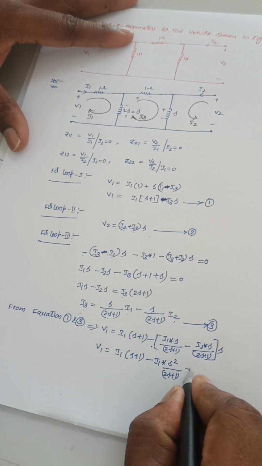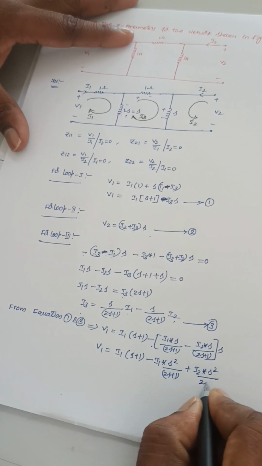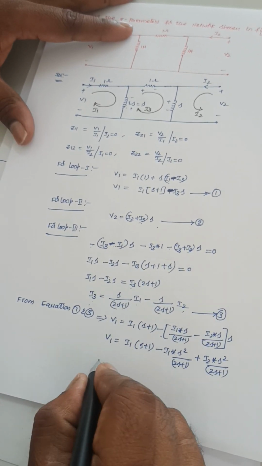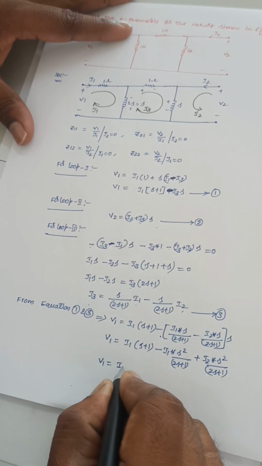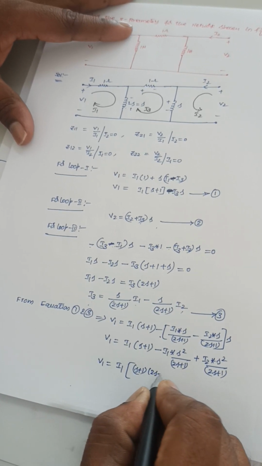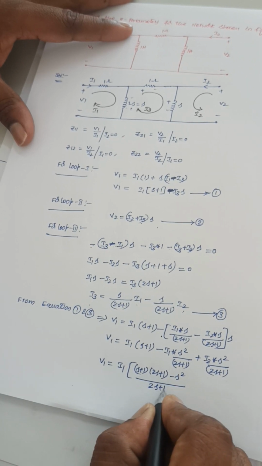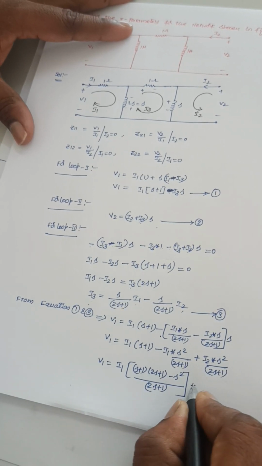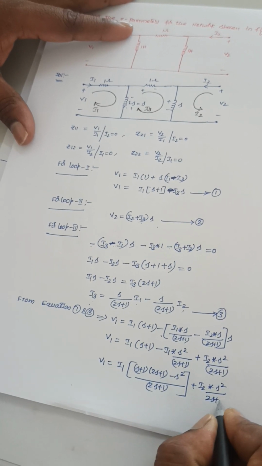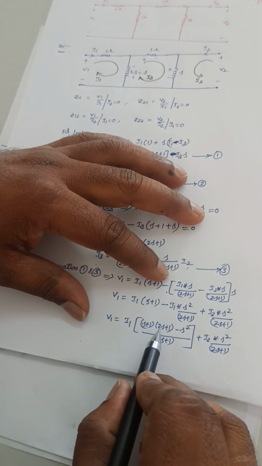Minus into minus is plus, plus I2 into S square divided by 2S plus 1. If I take I1 as common, V1 is equal to I1 into S plus 1 into 2S plus 1 minus S square divided by 2S plus 1, plus I2 into S square divided by 2S plus 1.